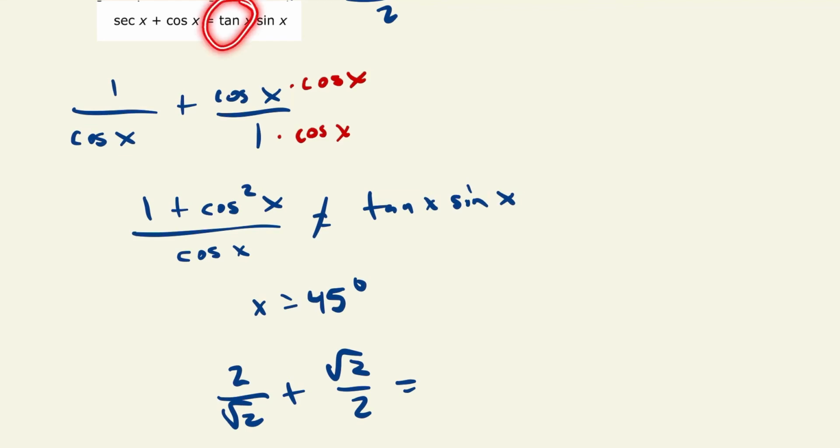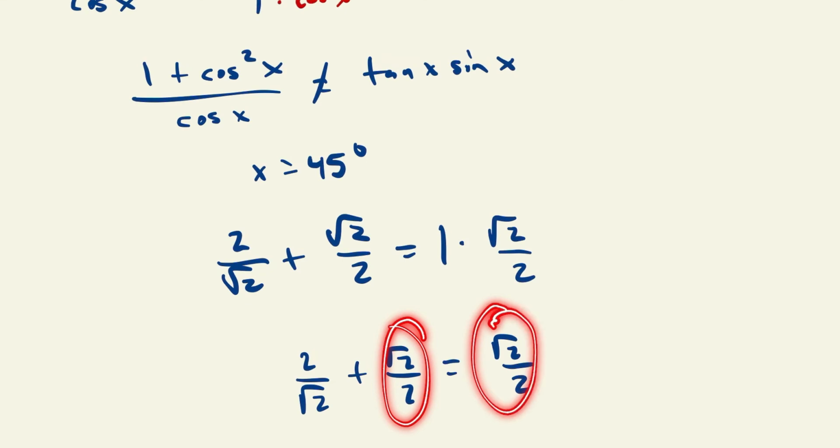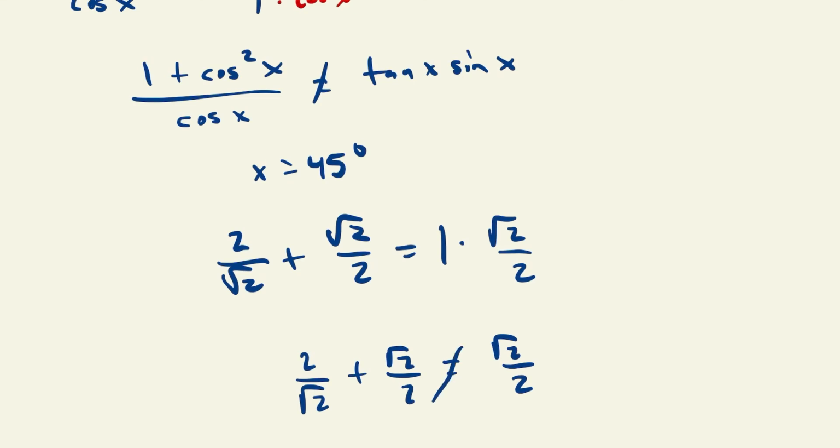Tangent of 45 is 1, and sine of 45 degrees is radical 2 over 2. So as you can see, these two sides are not going to be equal because these two things are equal. So if you add this to this, it's not going to equal that. So this is a counterexample. 45 degrees shows that the two sides are not equal.